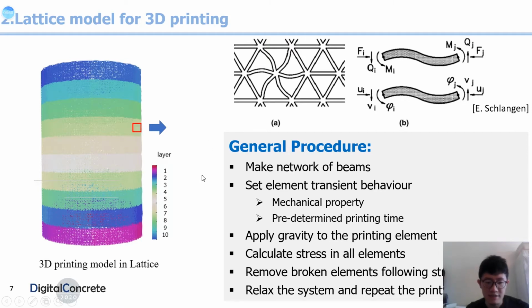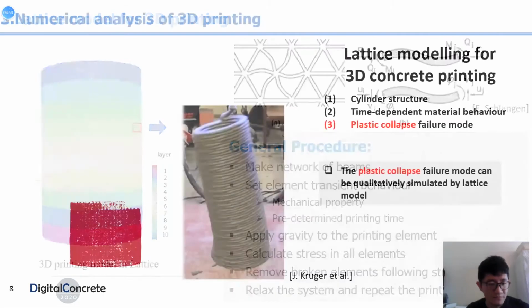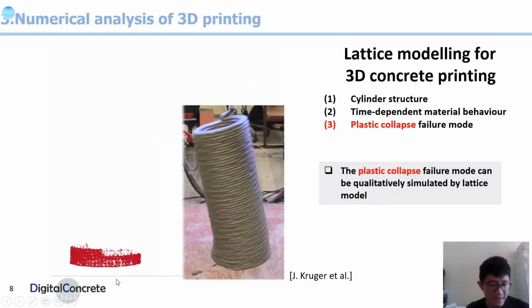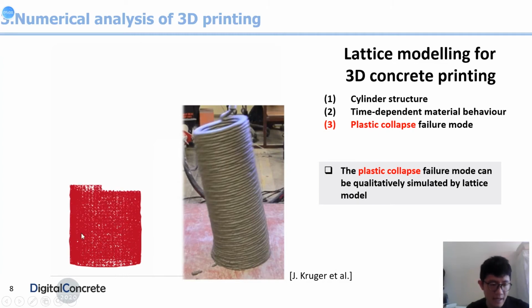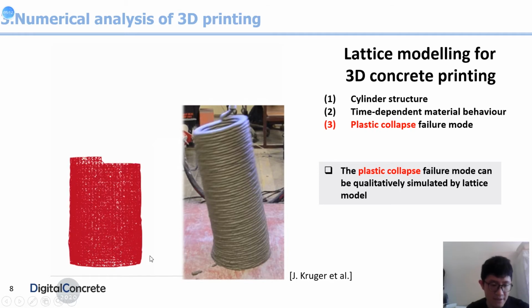Here, in the next research, we will use this method and do some simulations to capture the elastic buckling and the plastic collapse. For the plastic collapse, we use a cylinder structure. During the printing process, we can see the deformation becomes larger and larger, especially in this part and this part.